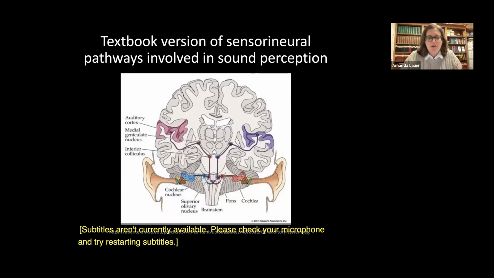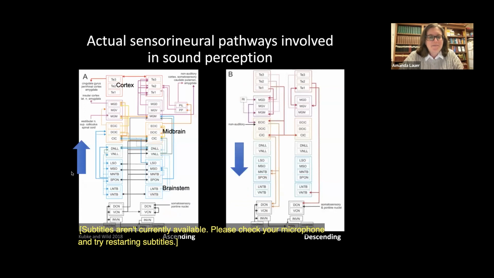So I think everyone has probably seen some version of this textbook central auditory pathway schematic, which makes things look really nice and streamlined and simple, going up from the ear all the way up to the auditory cortex. But I think maybe people don't typically see these reality-based diagrams of the central auditory system, which includes very complicated ascending pathways with lots of crosstalk across hemispheres and between different centers.